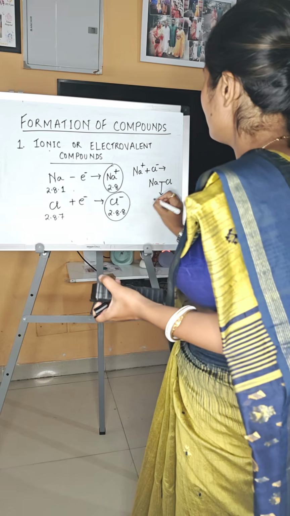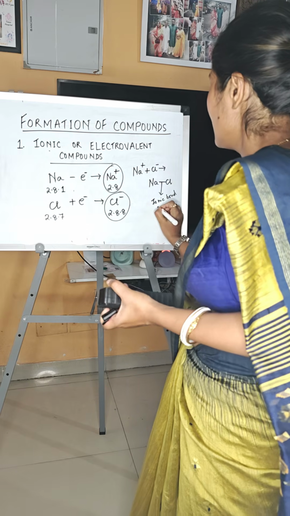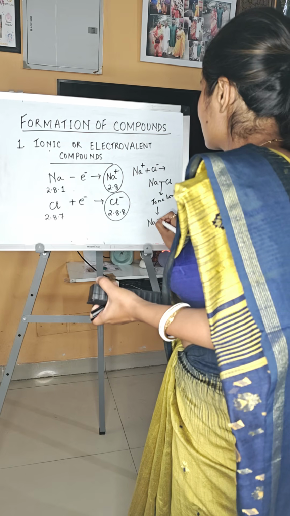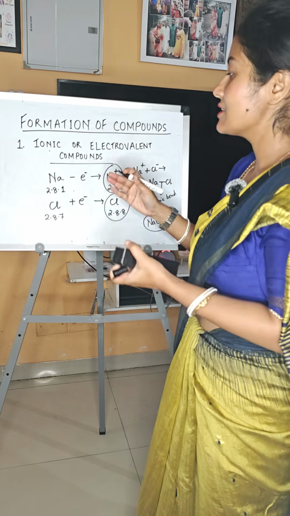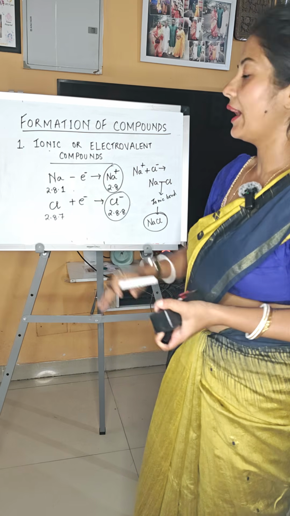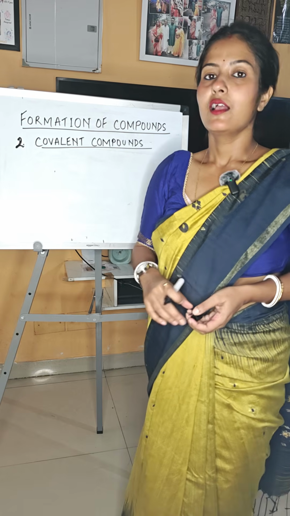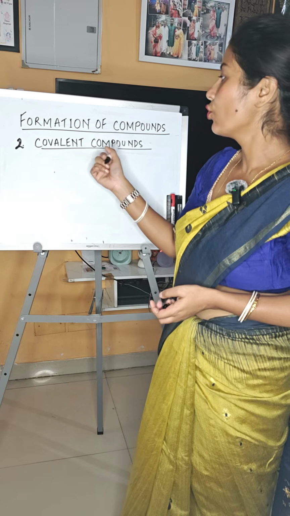So, this bond is called the ionic or electrovalent bond, and the compound formed is called an ionic or electrovalent compound. So, this is how the transfer of electrons takes place from one atom to the other in case of ionic compounds. Now we will move to the next type of compounds, that is the covalent compounds.